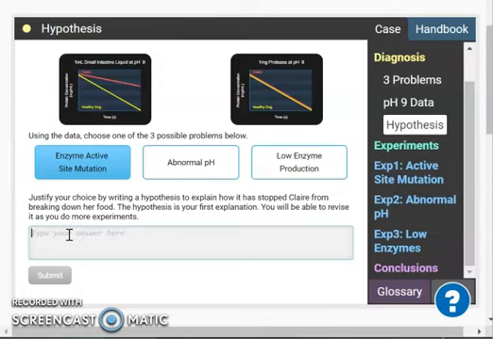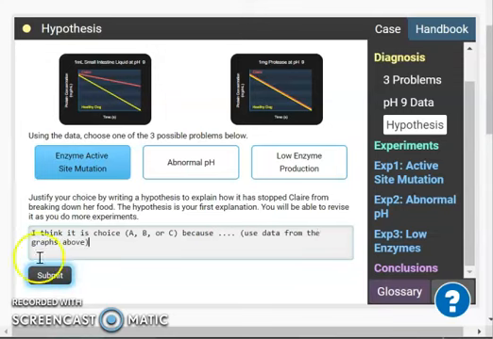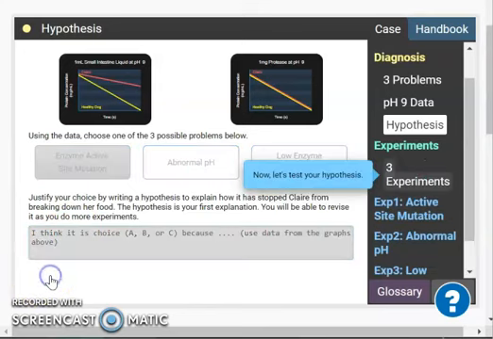And for this first time, the way we are going to justify is you are going to explain, I think it is choice A, B, or C. You want to make that choice because, and here you want to use data from the graphs above. Once you do this, you can click Submit.